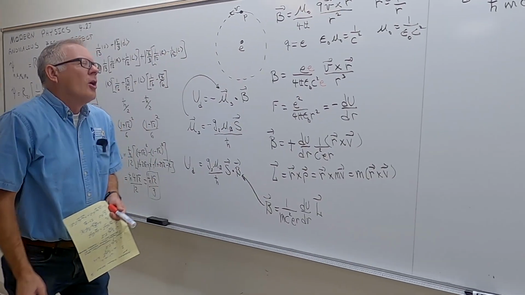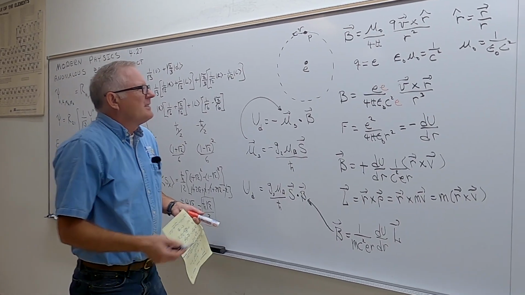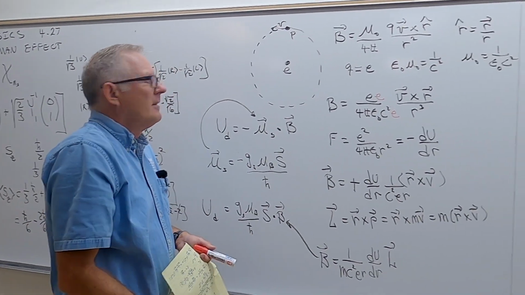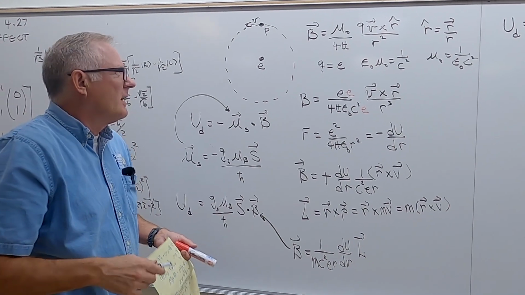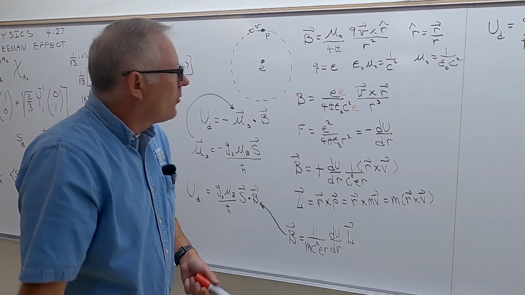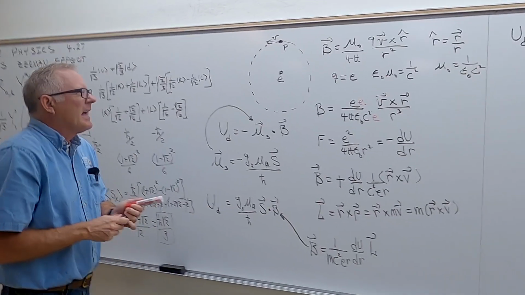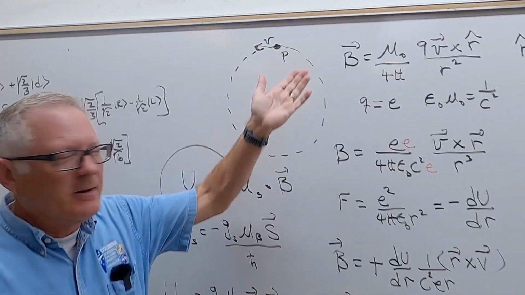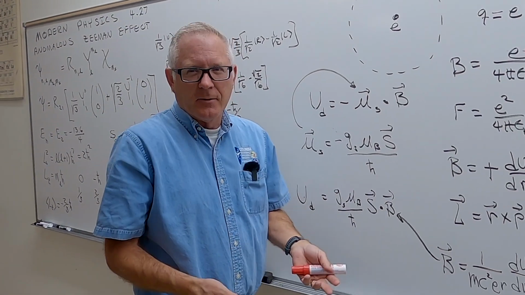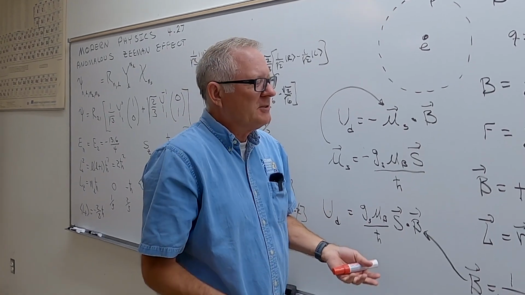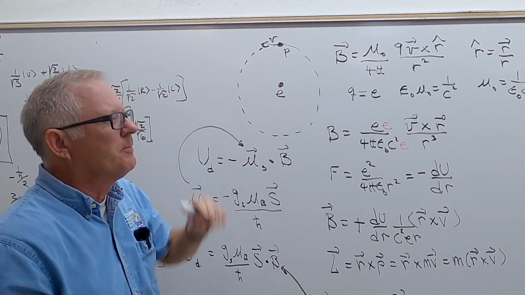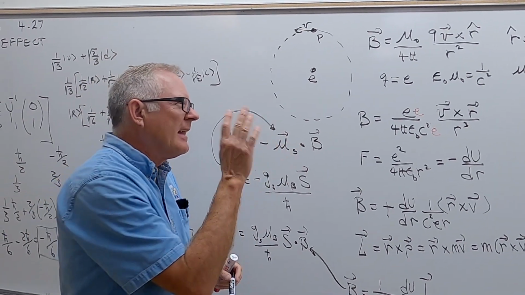Now, the thing is, we did this from the point of view of the electron. Remember, in the real atom, the electron's going around the proton. It's the proton that's the heavy one that's not doing much moving right here. So what we really need to do is convert it back into the proton's frame, not into the electron's frame, which requires a Lorentz transformation. I'm not going to do the Lorentz transformation, but transforming it from the electron back to the proton, all it does is make that twice as small.